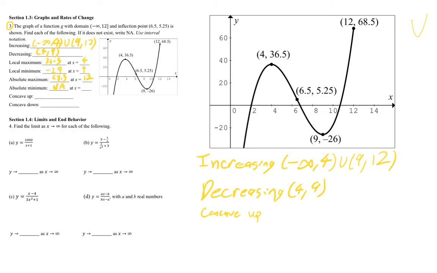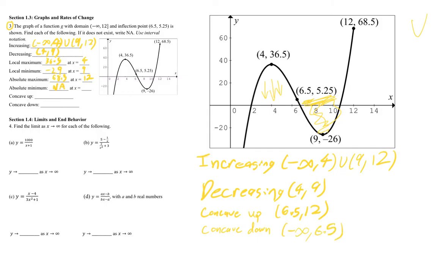So if we go here and see that this area is going to be concave up, we're going to say from 6.5 to 12 is concave up, and that's going to make our concave down. We're going down this way, right? It's going to be concave down from negative infinity to 6.5.